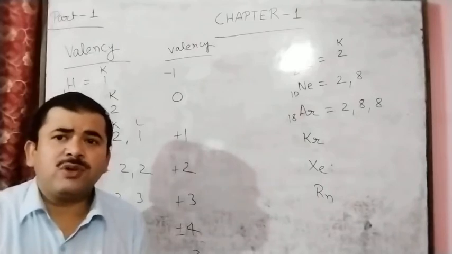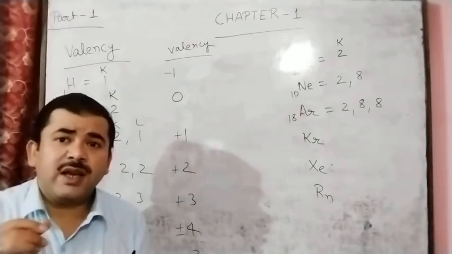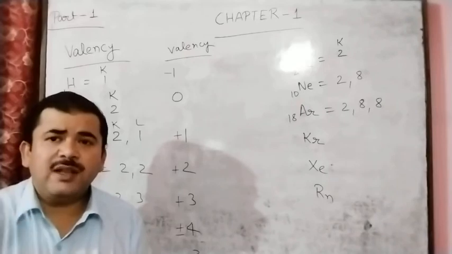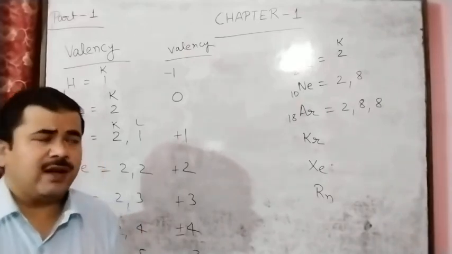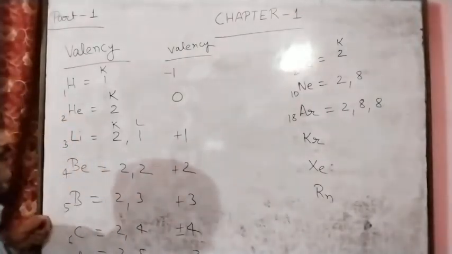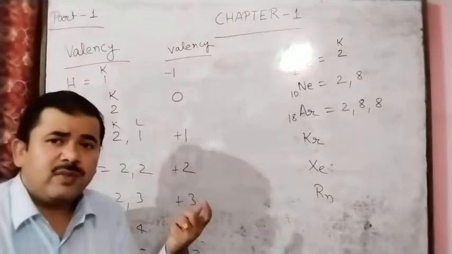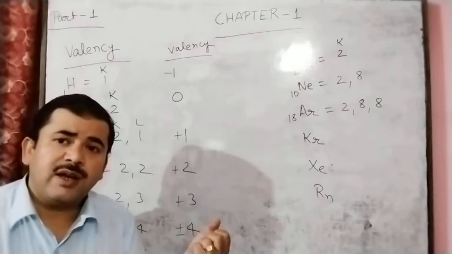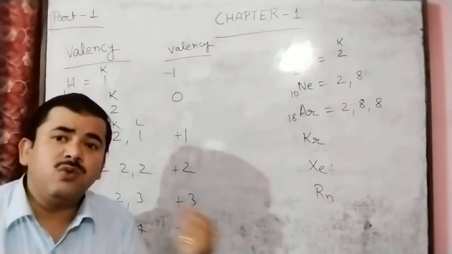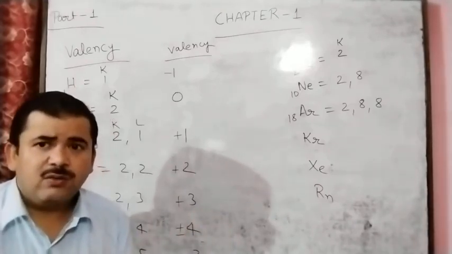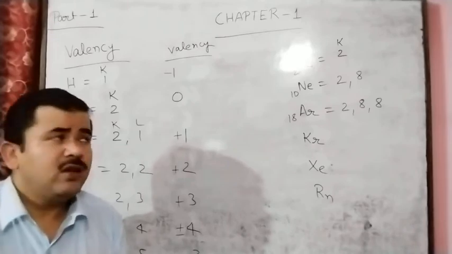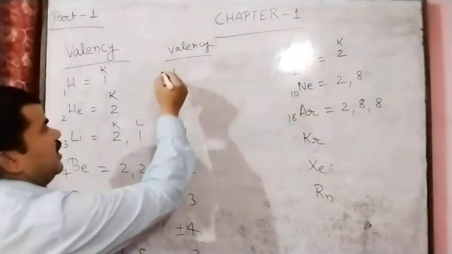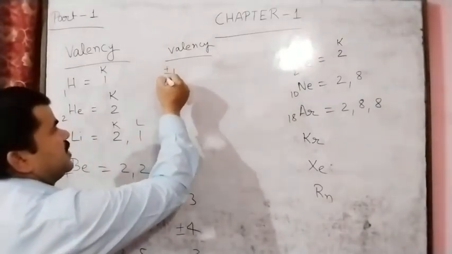So this 1 proton has not enough power for gaining the electron. So in most of the cases, the hydrogen atom has the tendency to lose the electron. 1 electron lost. So in this way, we can write the hydrogen valency plus minus 1.